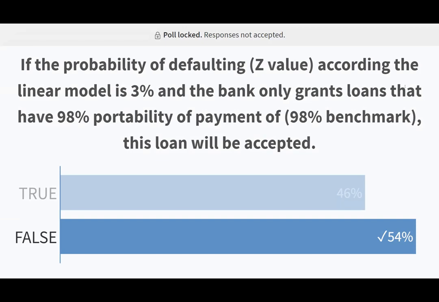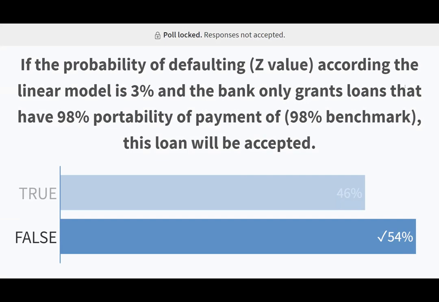So this loan will be rejected, because I needed it to be only 2% probability of defaulting. My probability of accepting is 98%. This guy has a defaulting of 3% according to the model, so I will reject this loan. This is a very straightforward question.